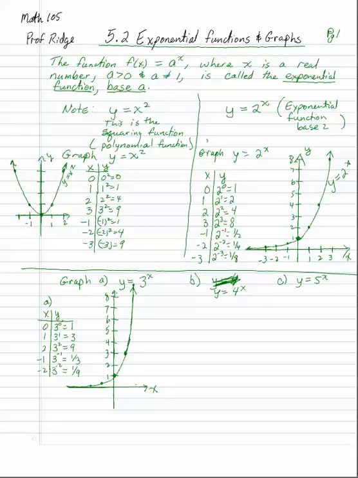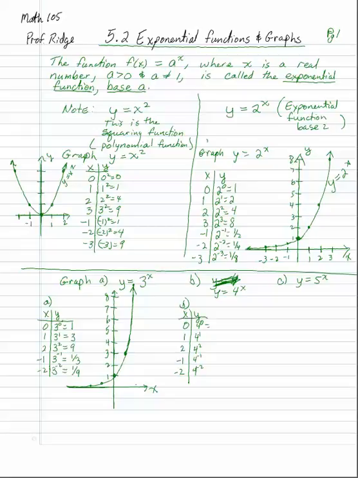Okay, now let's try y equals 4 to the x. And let's do 0, 1, 2, negative 1, negative 2. And the base is 4, and then the exponent is the variable. So 4 to the 0, 4 to the 1, 4 squared, 4 to the negative 1, 4 to the negative 2.